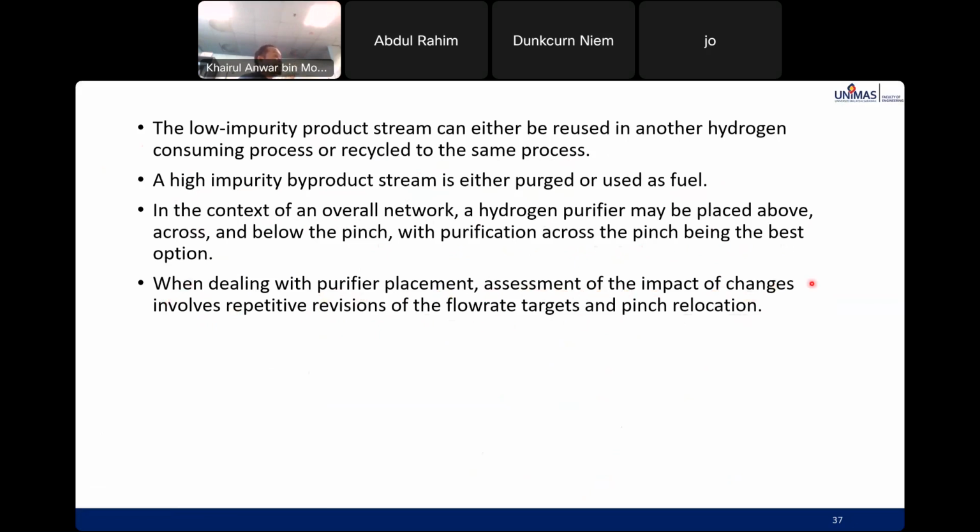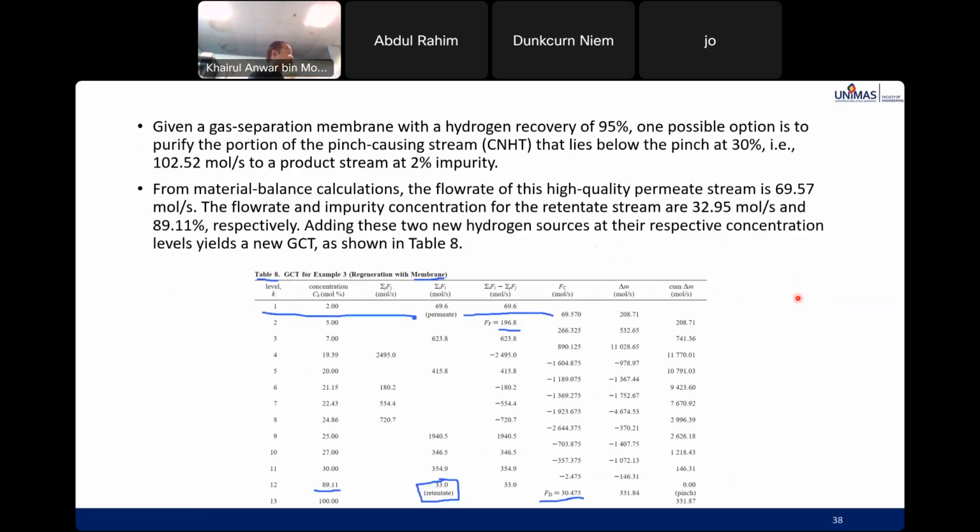So based on this fourth statement, it is easier to use GCA for any changes rather than use the limiting composite curve or graphical method. Given a gas separation membrane with a hydrogen recovery of 95%, one possible option is to purify a portion of the pinch causing stream.